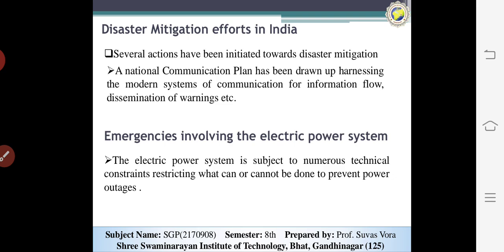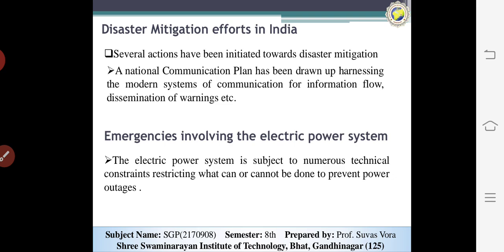Then we can consider the emergency involving the electrical power system.